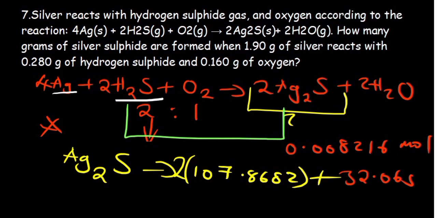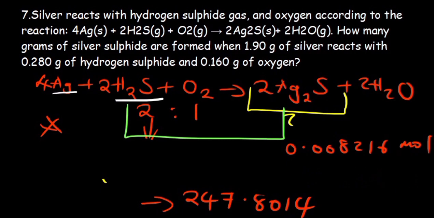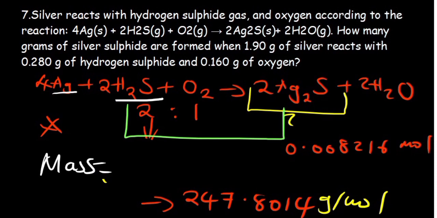So 2 multiplied by 107.8682 plus 32.065. I'm getting a molar mass of 247.8014 as our molar mass there. So we have our number of moles and the molar mass. What are we going to have for our mass being produced? Our mass being produced is going to be the product of the number of moles and the molar mass.